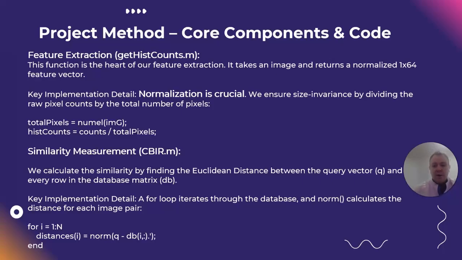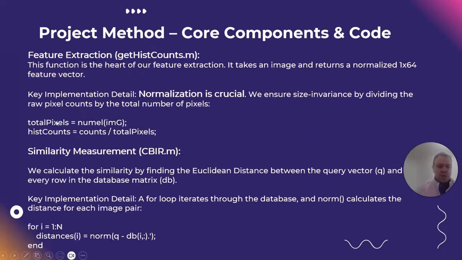But with size invariance, we need to make sure that we can tell that if an image is distorted or looks further away, this model can handle that. The key part of this was normalization. There's actually a really good example of how normalization plays a part: in my second query, on my final slide, I'll show you an example of how it showed the invariance of one of the results.